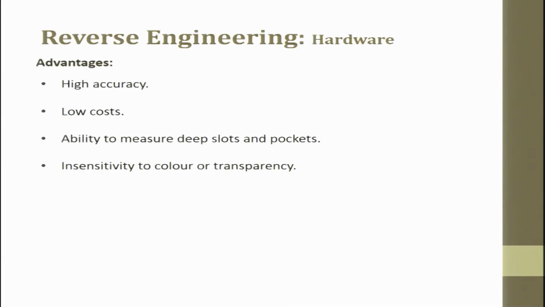So, reverse engineering hardware advantages are that it is highly accurate, low cost, able to measure wide slots and pockets, and insensitive to color or transparency. So, these are some of the advantages of the hardware type, which is contact.